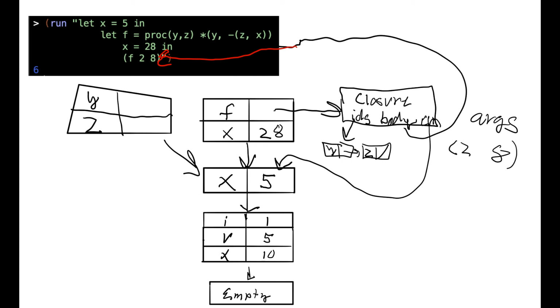And it's going to set y equal to the first argument, so y is going to be equal to 2, and z is going to be equal to 8.